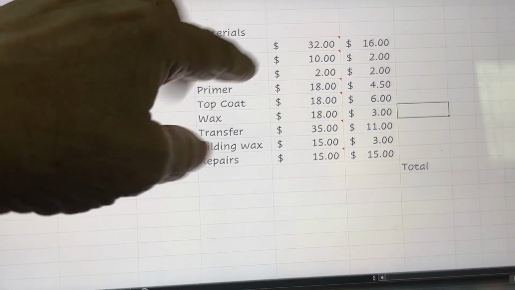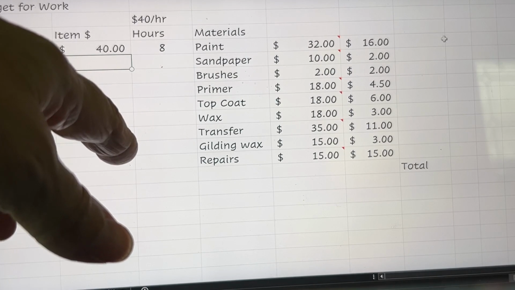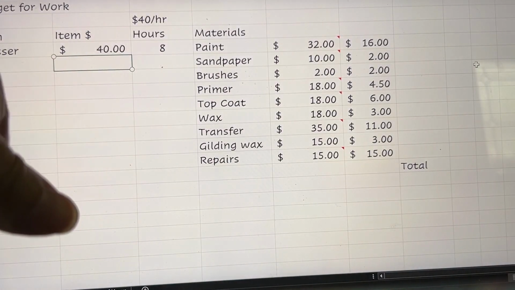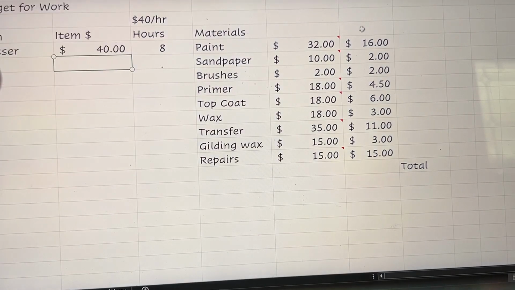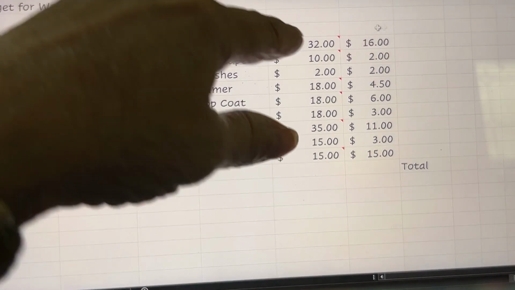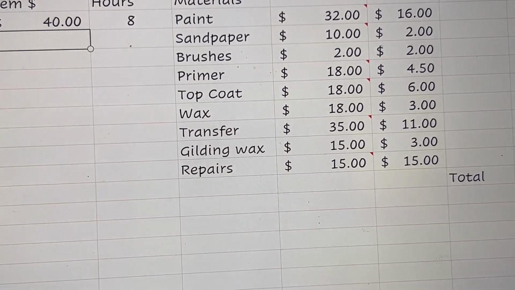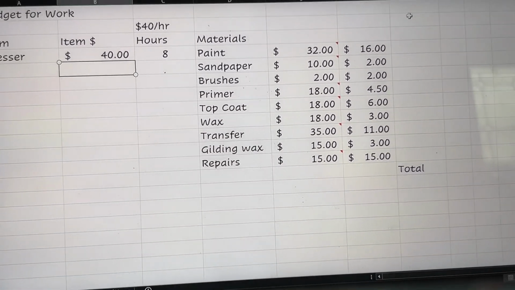So I'm saying just on average that the paint I have is $32 for a can. I usually do pay less than that for my materials, but sometimes I might pay that much. So that would be a worst case scenario. And you see this little red check mark there? That just means that there's a note in there.